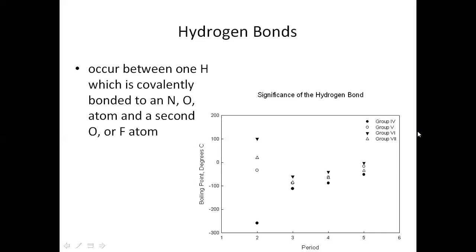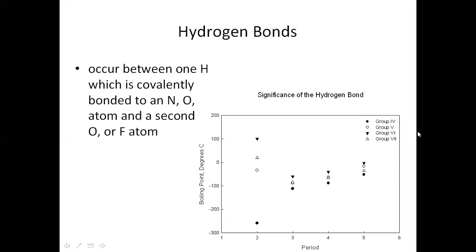In closed circles, I have the group 4 elements: carbon from period number 2, silicon from period number 3, germanium from period number 4, and tin from period number 5. As you can see, these 4 elements form a very predictable increase in boiling point as we go from period 2 to period 5.